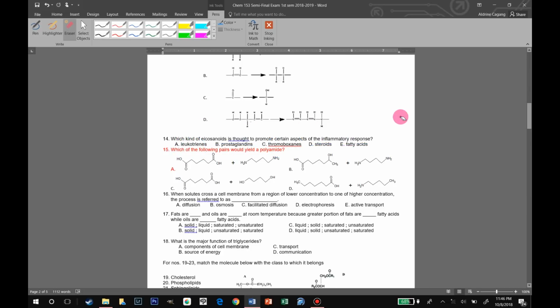Number 15, which of the following pairs would yield a polyamide? So polyamide, that is a polymer of your amide carboxylic acid derivative. So for your polymers, especially for your carboxylic acid derivatives, you can only get a polymer if your 2 starting materials are difunctional.